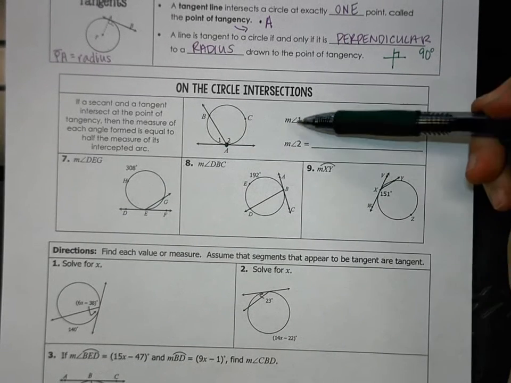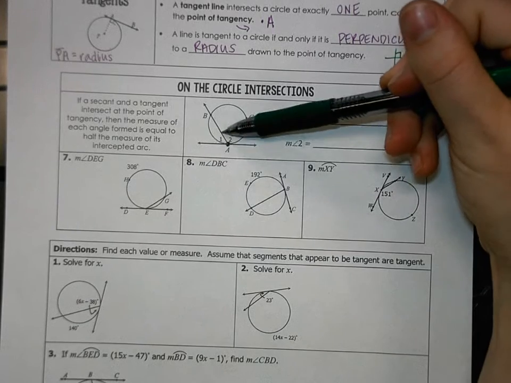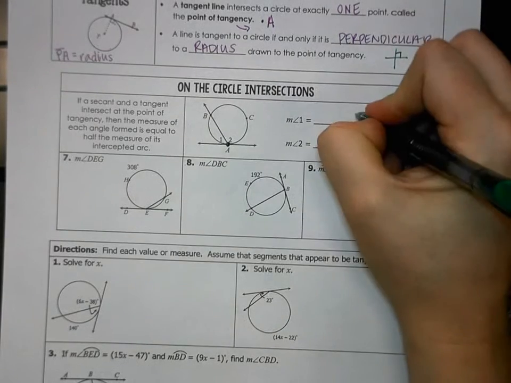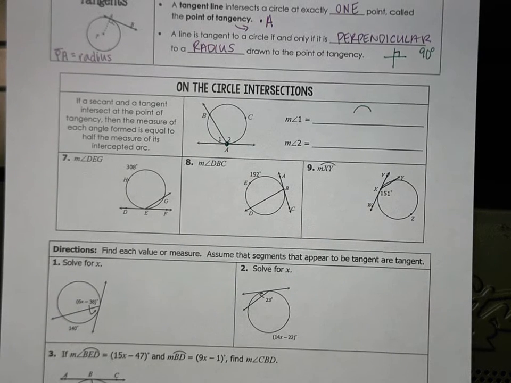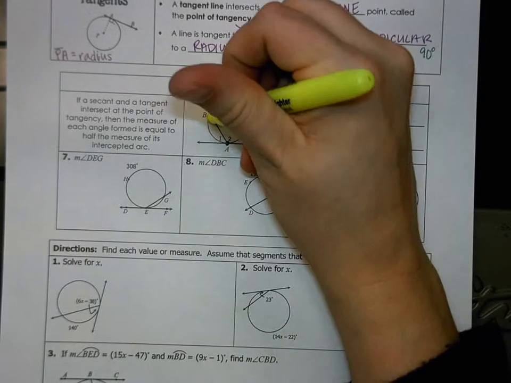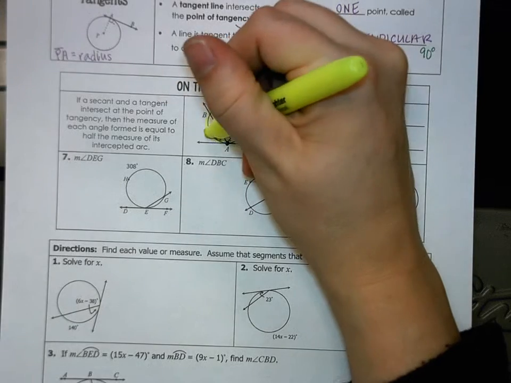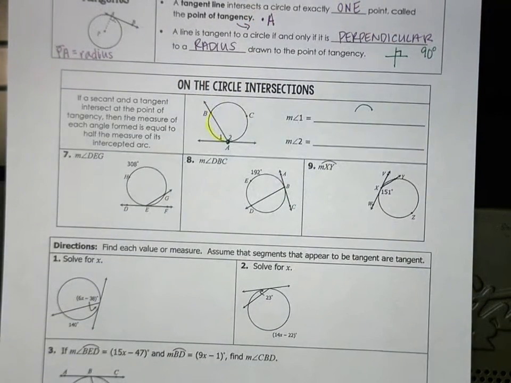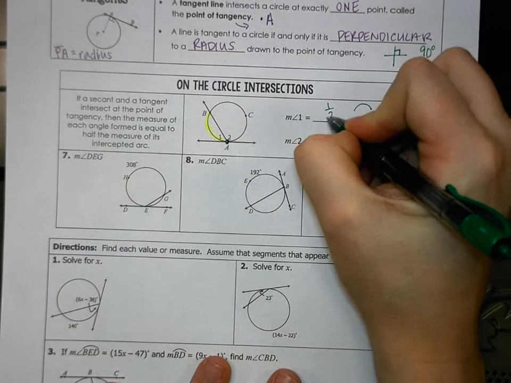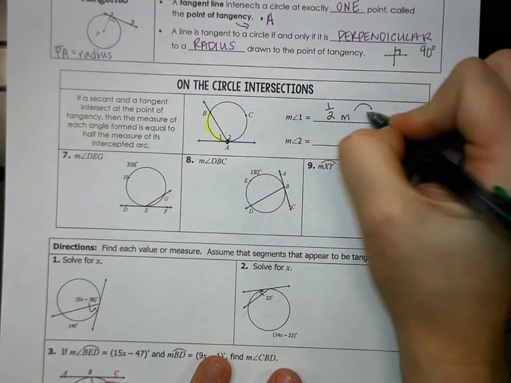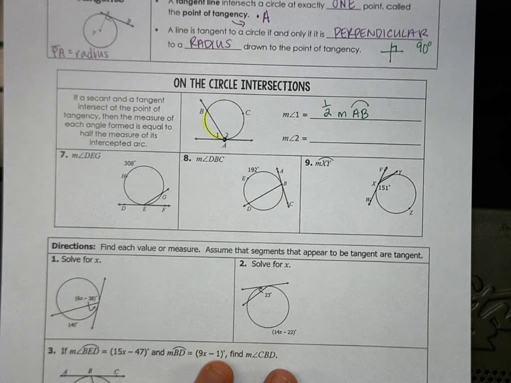So if I'm talking about angle 1, what is the name of the intercepted arc for angle 1? AB. It has to be the endpoints there. So the measure of angle 1 is going to be half the measure of arc AB.